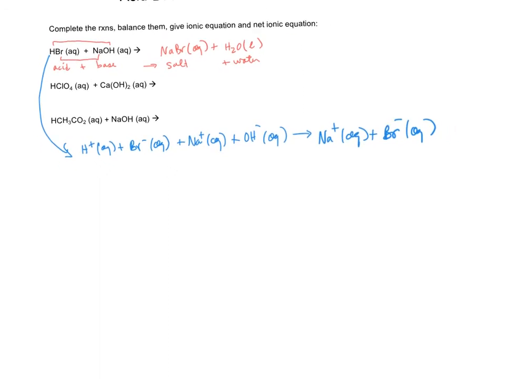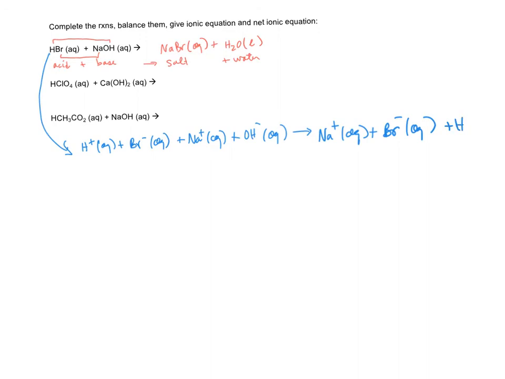And water, which is covalent, you do not break up. Liquid. All right, then you want to cancel out your spectator ions. This becomes a very interesting result. And the interesting result is the net ionic equation.